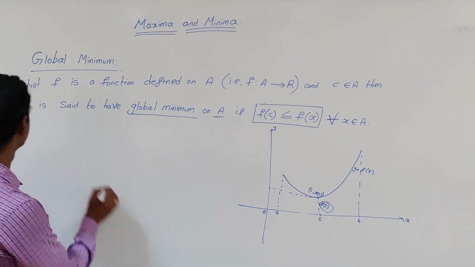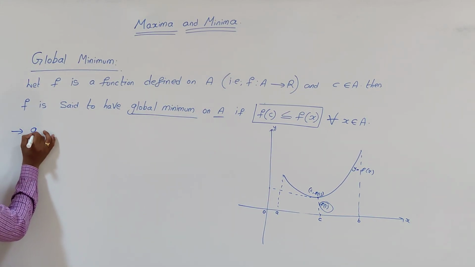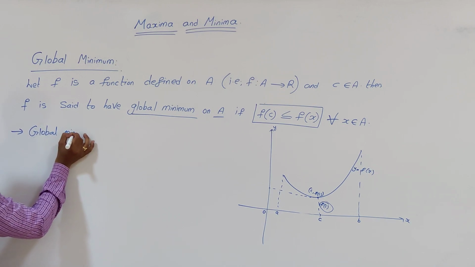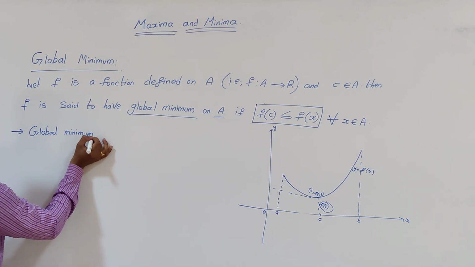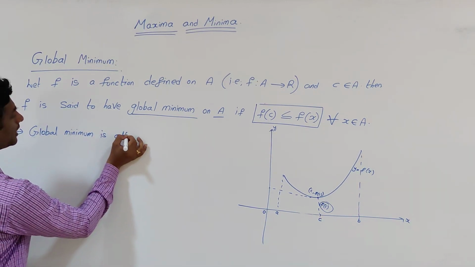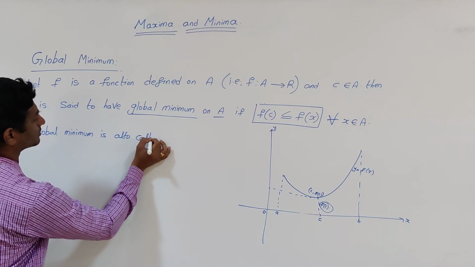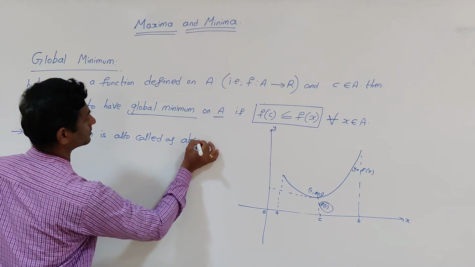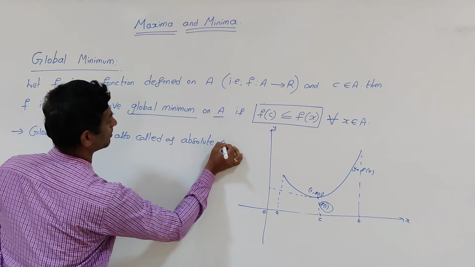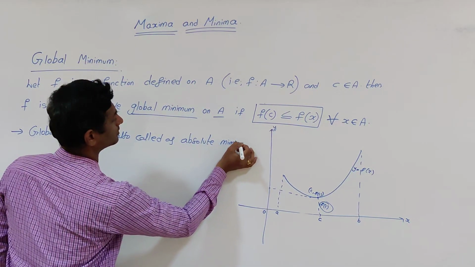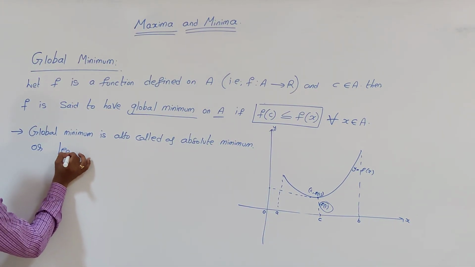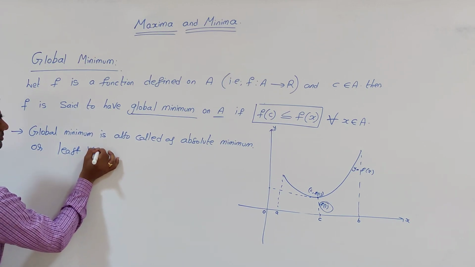So note, global minimum is also called absolute minimum or the least value of the function.